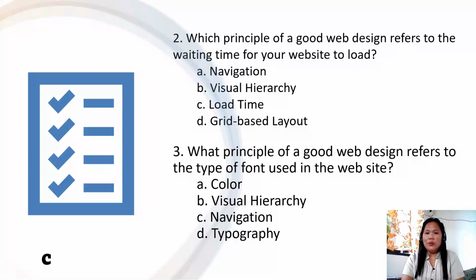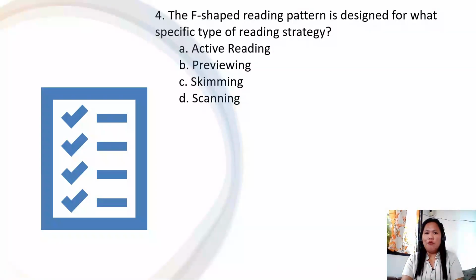Number 3. What principle of good web design refers to the type of font used in the website? A. Color. B. Visual hierarchy. C. Navigation. And D. Typography. And the answer is letter D. Let's have number 4.